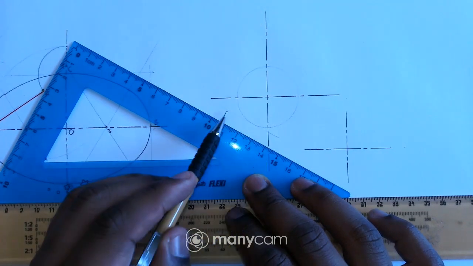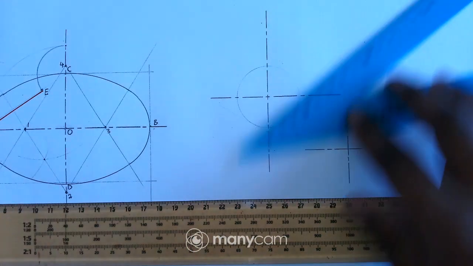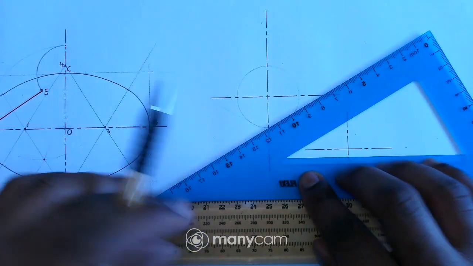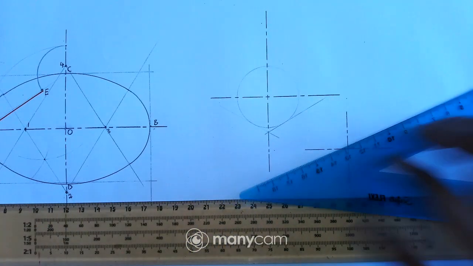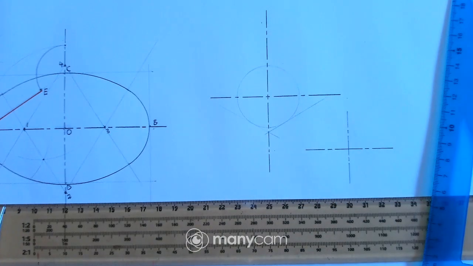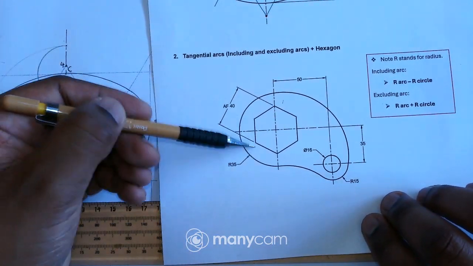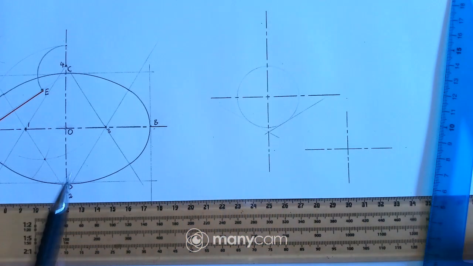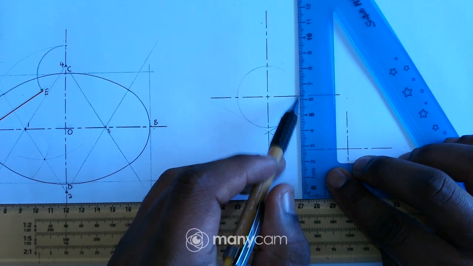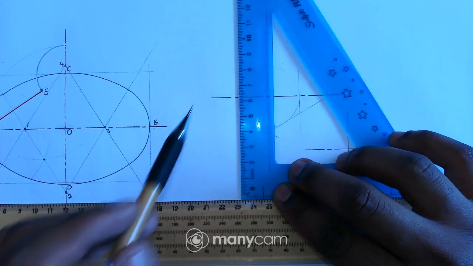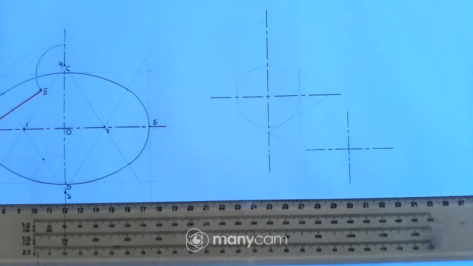So this is a tangent line to the circle, and then I'll just flip my set square to this side, do the same thing, and draw a line there, light construction. So I'm trying to construct this hexagon, right? So now I have two vertical lines. So I'll slide my set square to where the circle starts there. Then I just draw a vertical line there. Do the same thing this side, vertical line.